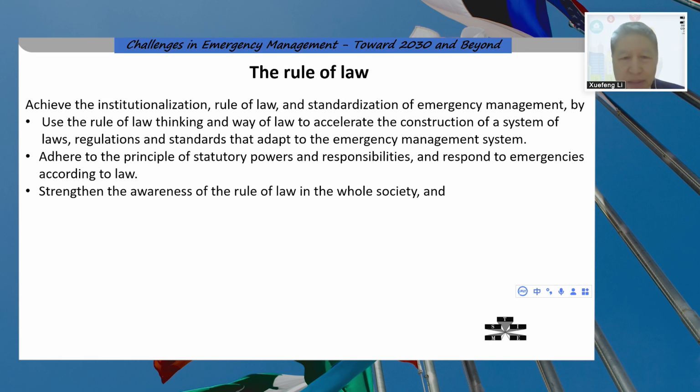The second shortcoming here in China is that many officials are not automatically or willingly following the rules. For example, I mentioned the example last year in Zhengzhou, a municipality with 10 million people. The heavy rain cost nearly 400 people's lives.